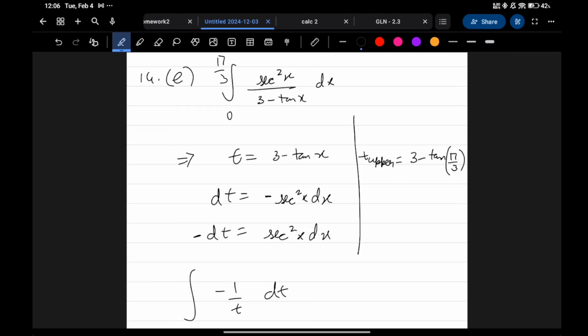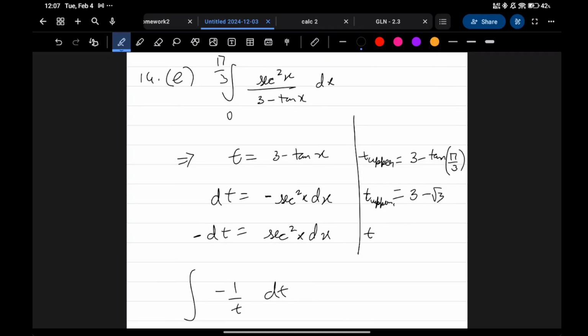Tan 60 degrees, tan pi over 3. Okay, I'm gonna count to 3. 3, 2. It's square root of 3, right? Perfect. Thank you so much. Okay, it becomes square root of 3. So 3 minus square root of 3. That's my t upper.